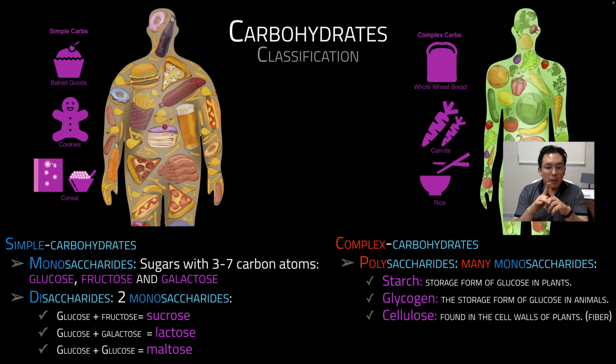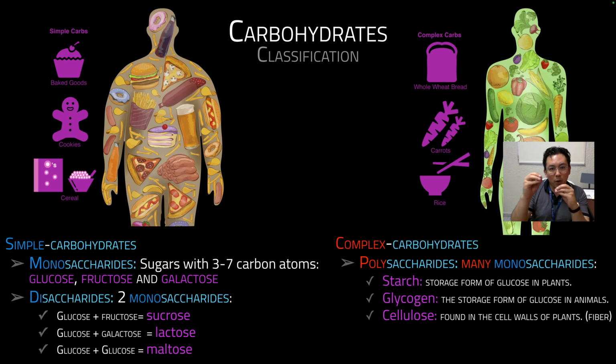The examples of monosaccharides that we need to be familiar with are glucose, fructose, and galactose. You don't need to know exactly how many carbon atoms are in there, but you need to know these three examples of monosaccharides.